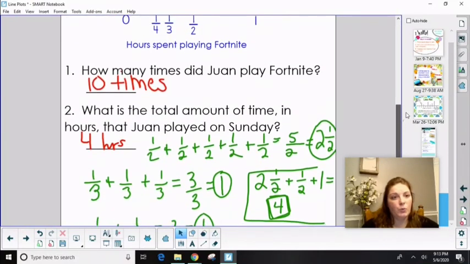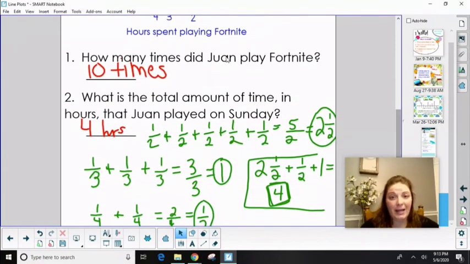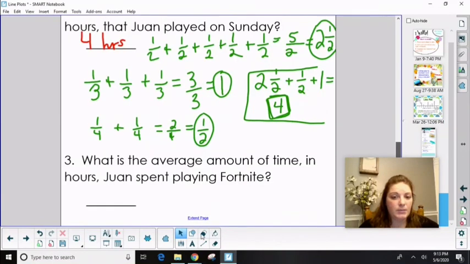So actually numbers 1 and 2 help you to get the average or fair share. We just need both of those numbers in the right order because it's division. So it's the total divided by how many times. So the total was 4 divided by 10 times that he played.